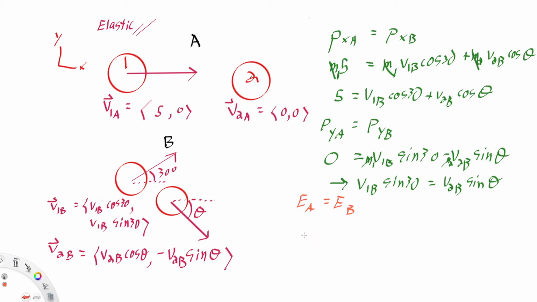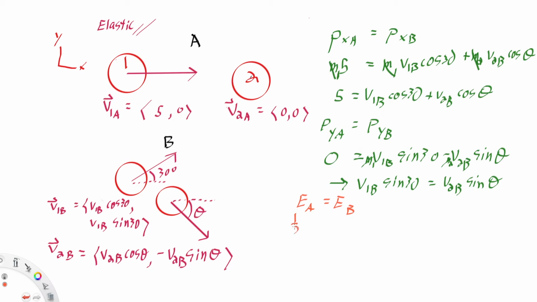So the only kind of energy that we have here is kinetic energy. At A and B, there's no spring deformation, there's no change in height, there's no other weird thing going on. It's just kinetic energy.